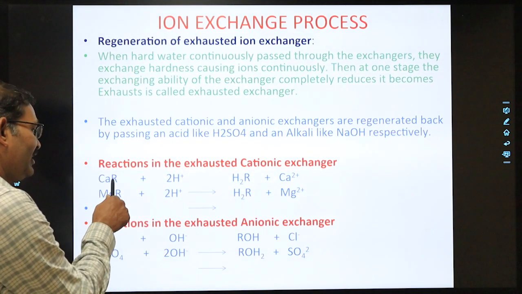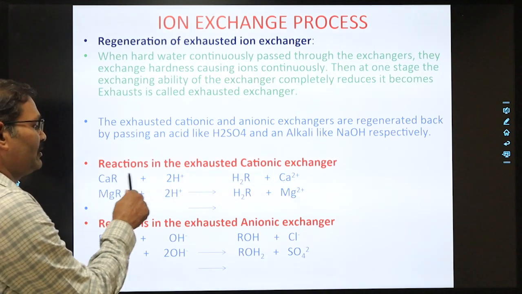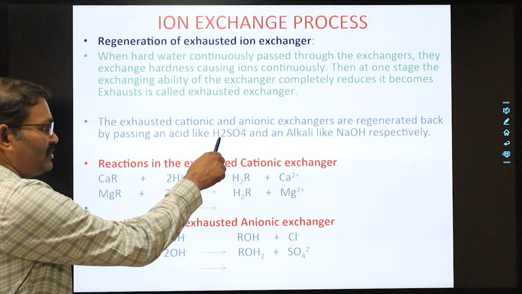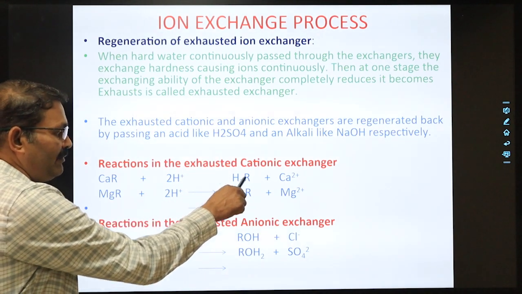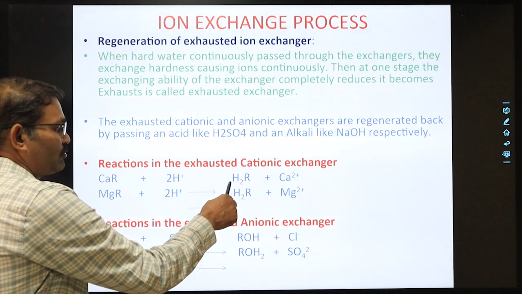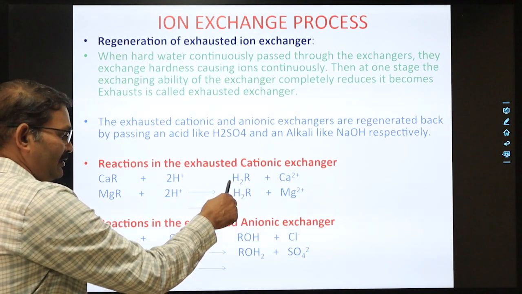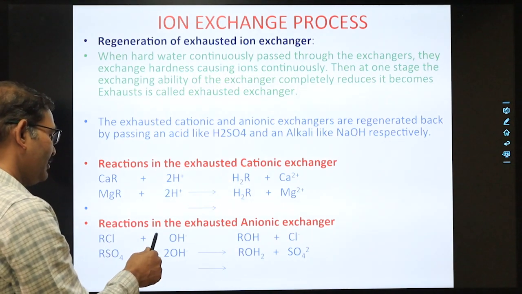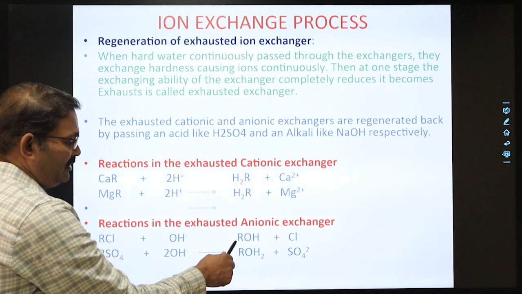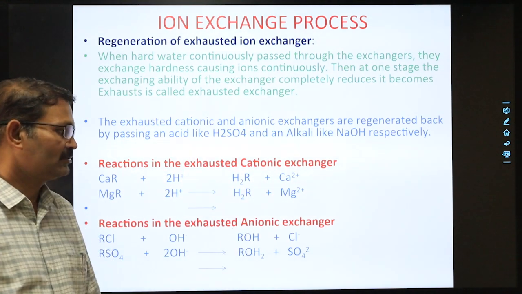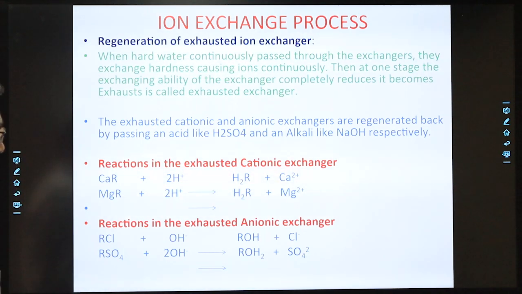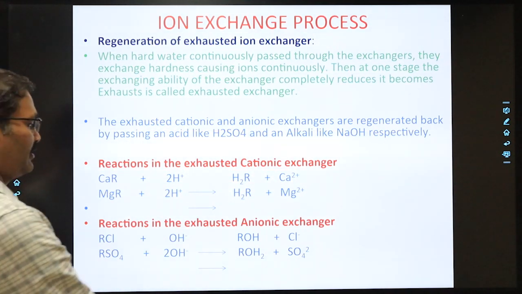The cation exchange resin filled with calcium can be regenerated by passing the H plus ions containing H2SO4. Then we will get back H2O. So it is the actual resin, the hydrogen resin, the acidic resin, and RCl. When we are passing the OH minus ions, then we normally get the anionic exchange resin back. So we can regenerate the ion exchange resins with H2SO4 and NaOH.